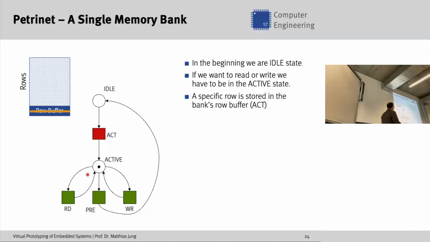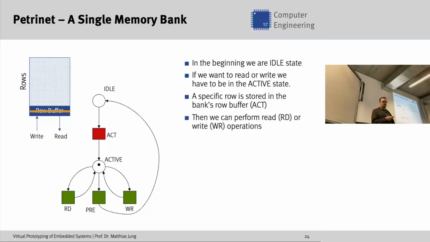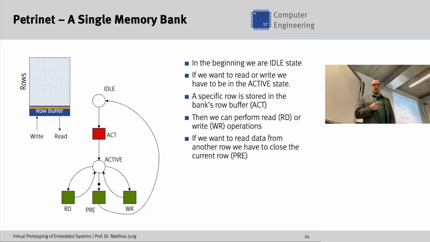Yeah. And now we can execute again reads and writes, which are also now here these commands, yeah, that are transitions. So we execute a read, we execute a write, and then we want to close the row again, and then we send a precharge command, and then we are back to the idle state, and now you see also those cannot fire anymore because we are missing the token on the active state.